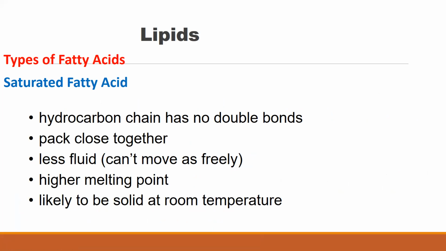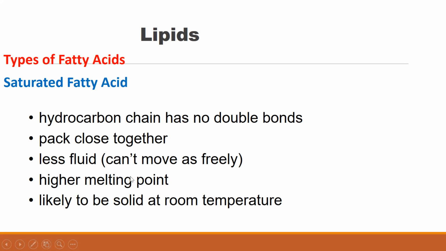So again, the simplest lipid is the fatty acids. And for fatty acids, there are two types, the saturated fatty acids, and we'll see later the unsaturated fatty acids. The saturated fatty acids are fatty acids that have a hydrocarbon chain that has no double bond. I've already mentioned that they are packed close together.